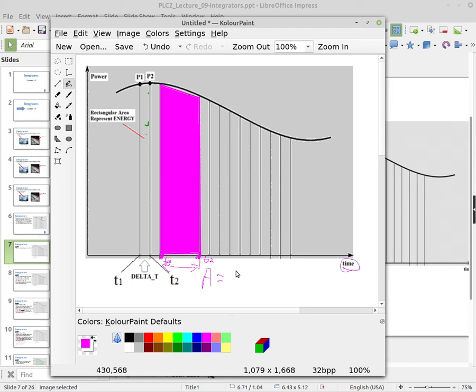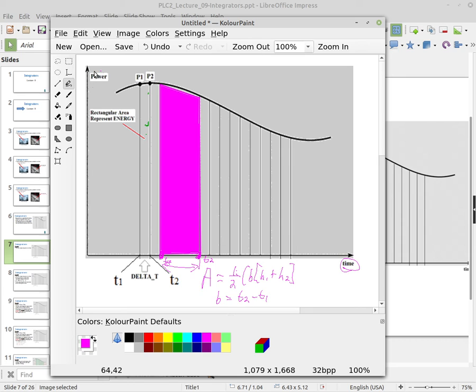The area of the trapezoid is 1/2 the base times the first height 1 plus the second height 2. And the base is the time, T2 minus T1, is our base. That gives us the horizontal piece, and then we have to do the height.